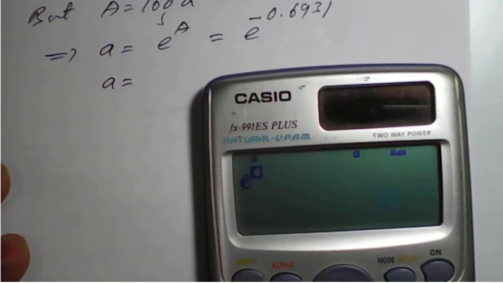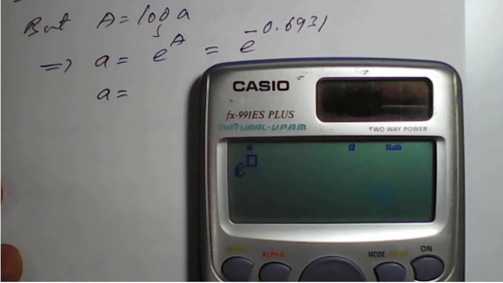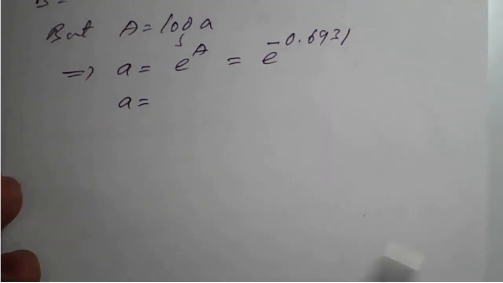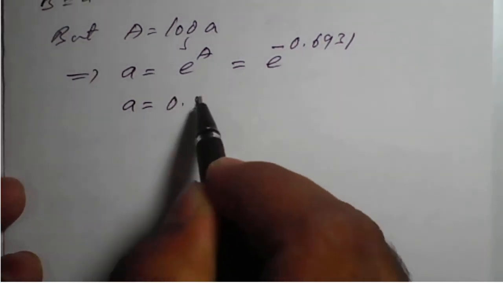Apply the value minus 0.6931 and press equal. The answer is 0.5.